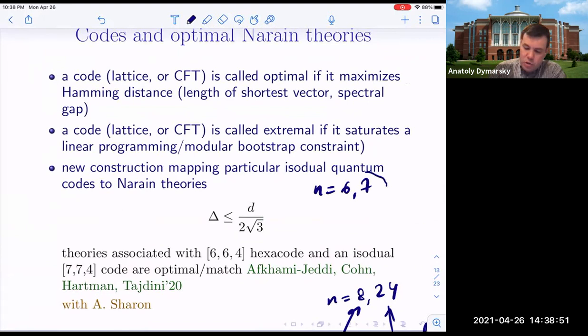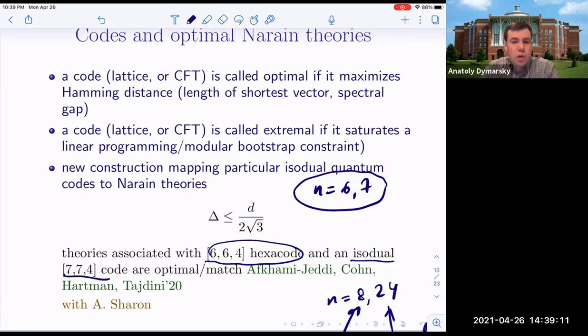In dimensions 6 and 7, we could find Narain lattices which are related to two special codes. One of them is the hexacode, and another is an unknown code, meaning I can write it explicitly, but it has no proper name. It's an isodual code of this kind. Those two codes give rise to two lattices, and we know they're optimal.